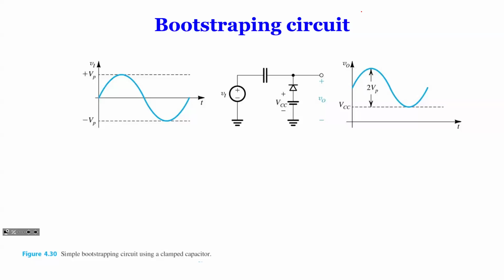But then you have output VO on the right hand, which is VCC plus a diode, and you have a capacitor. So this circuit is very similar to what we talked about before. So we start with VI negative. So when VI is negative, you have current this way.